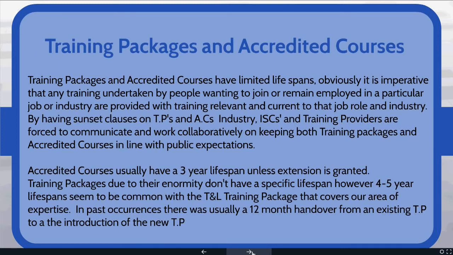In past occurrences, there was usually a 12-month handover from an existing training package to the introduction of a new training package, which includes the qualifications in it. Within these training packages where all these qualifications live, there tends to be a 4 to 5 year lifespan. But the funny thing is, because there are so many qualifications within a training package, you have almost a double, triple snowball situation going on.